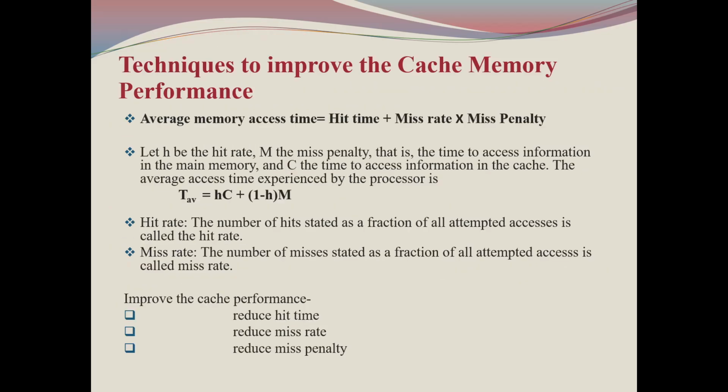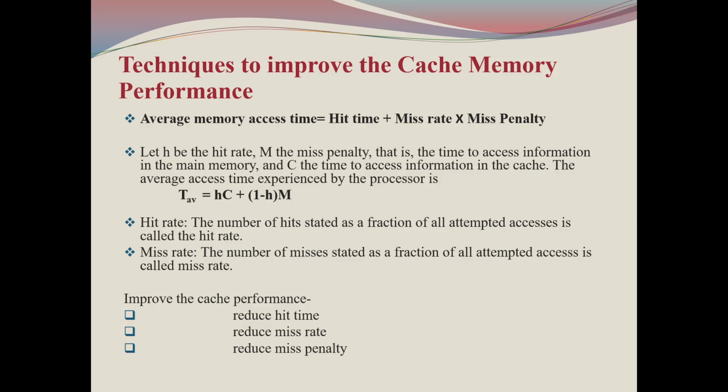The technique to improve the cache memory's performance is based on the average memory access time, which is the hit time plus miss rate times miss penalty. So if the miss rate is reduced, then the cache performance will improve.